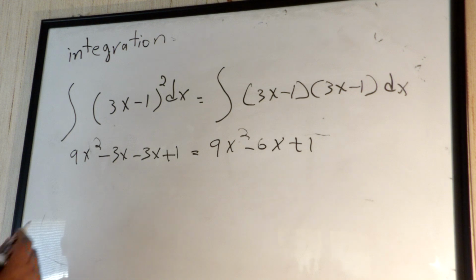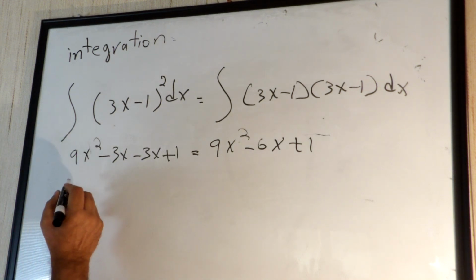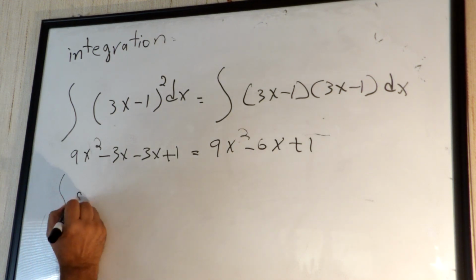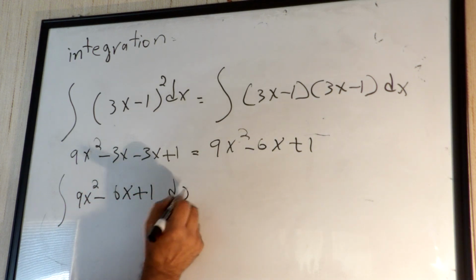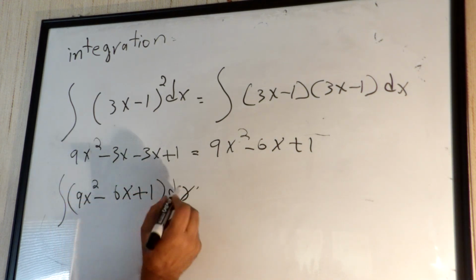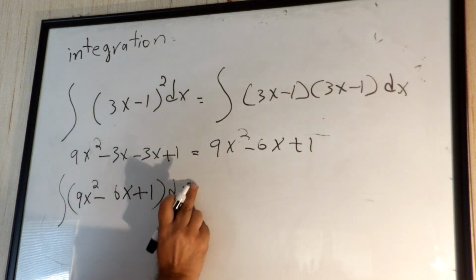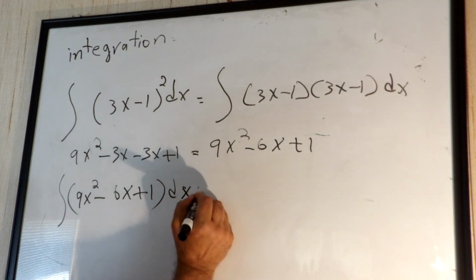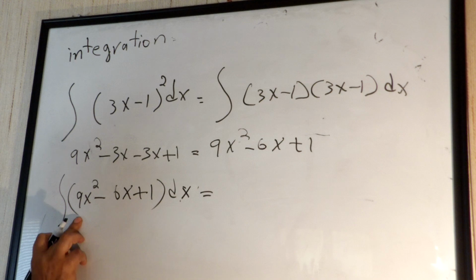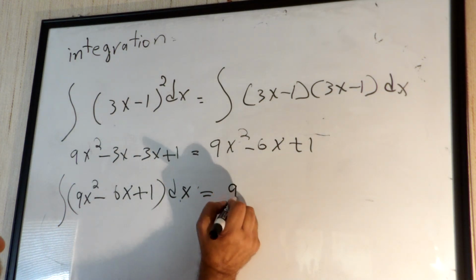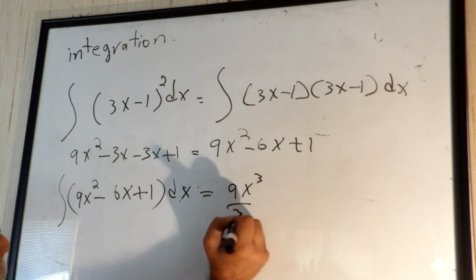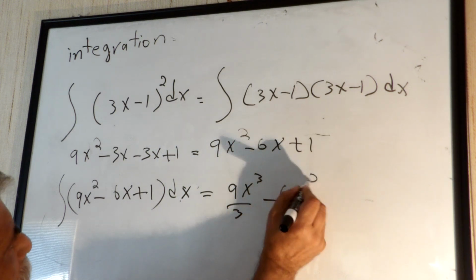So when you get the antiderivative of this, it's going to be 9x^2 minus 6x plus 1 dx. We get the antiderivative of each of them. This is going to be 9x^3 over 3 minus 6x^2 over 2.